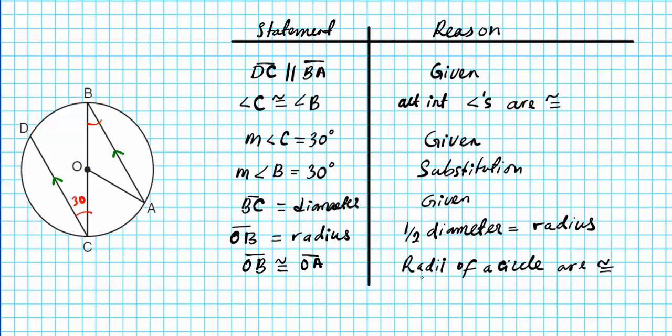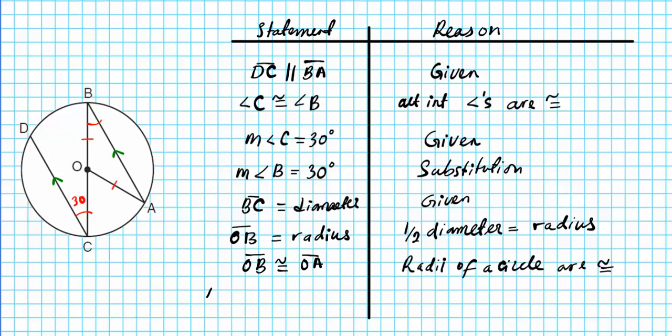Okay, all radii of the same circle are congruent. All right, now, what does that tell us about triangle OAB? If OB is congruent to OA, then there's a special name that this triangle has, and that is an isosceles triangle, okay?